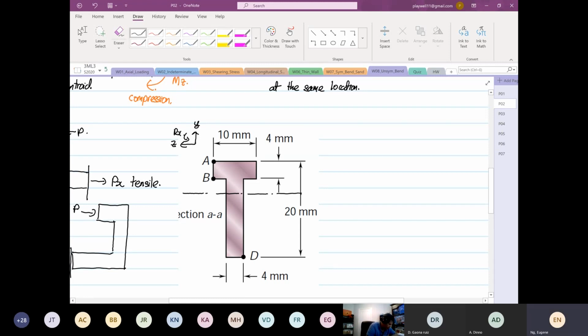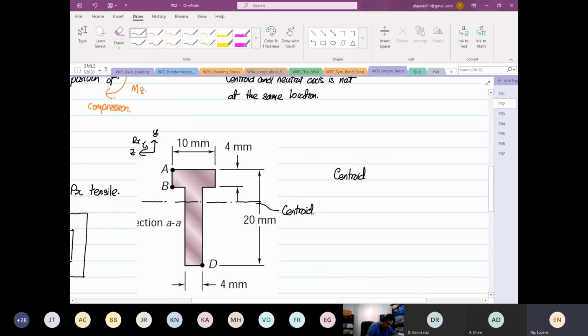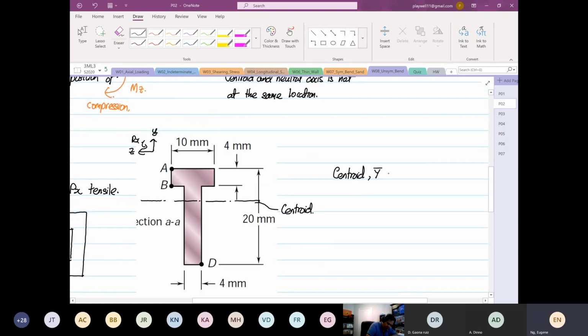So this position over here is our centroid. IZZ or the centroid, which is y bar, will be equal to 8.154 millimeters.